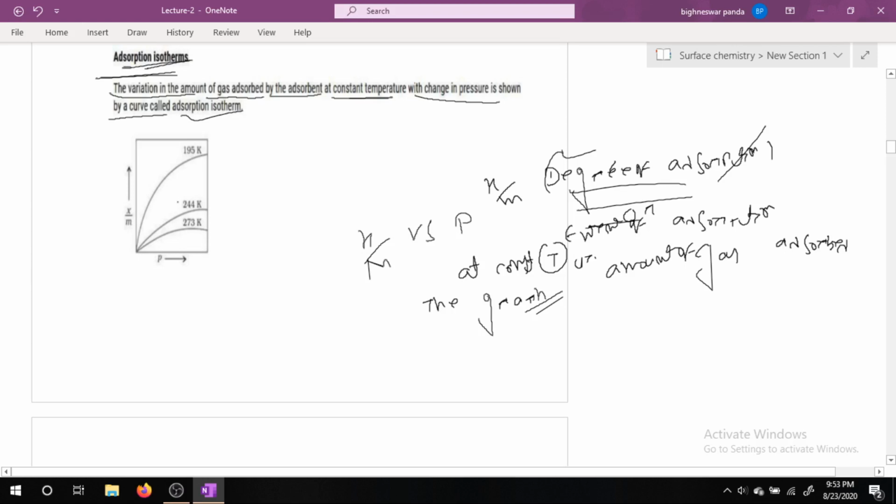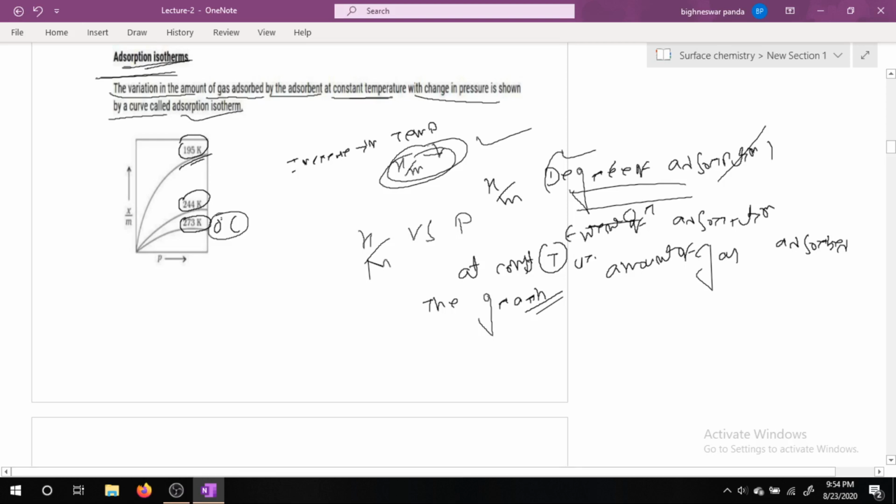So this is the graph, three curves at constant temperatures 195 K, 244 K and 273 K. It can be seen from the graph that extent of adsorption is less at 273 K, which is 0 degree Celsius, than at 244 K and 195 K. So if we increase the temperature, x by m, or extent of adsorption or degree of adsorption, decreases.